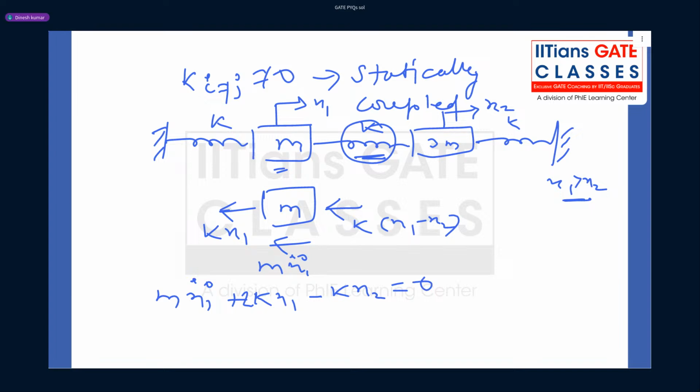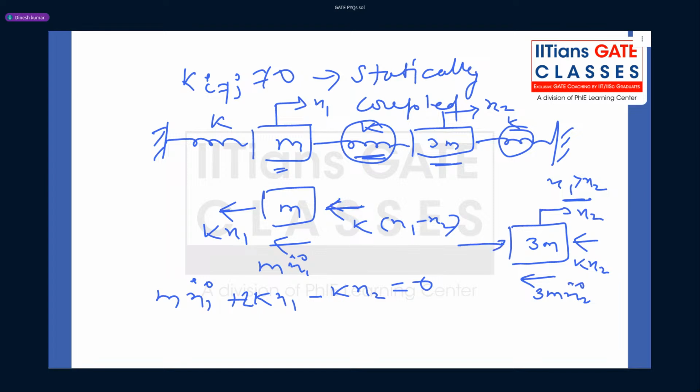Now for mass 3m, if you write the free body from Newton's method, this mass is moving in this direction with x2 displacement. So this spring will get compressed, so there will be an opposite force, kx2. There will also be the inertia force opposite to the direction of motion, 3m x2 double dot. Now this force is in this direction, so there will be an opposite force due to this middle spring, which is k (x1 minus x2).